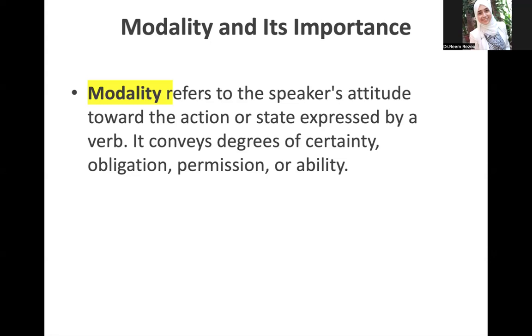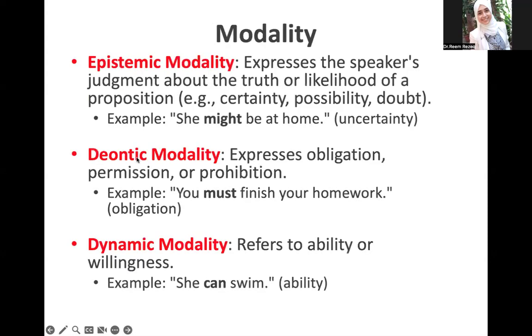So we can use modality for ability, for permission, for obligation, for something that we're going to convey meaning about. Here are some examples that we use for modality and the kinds of modality.